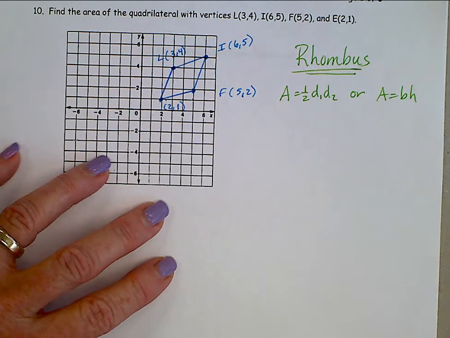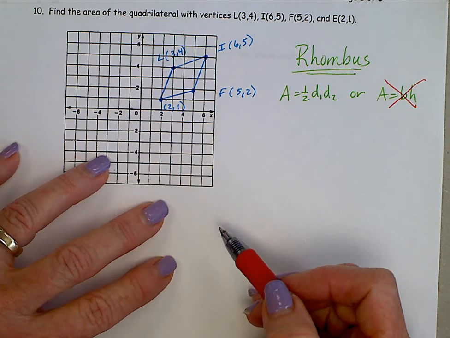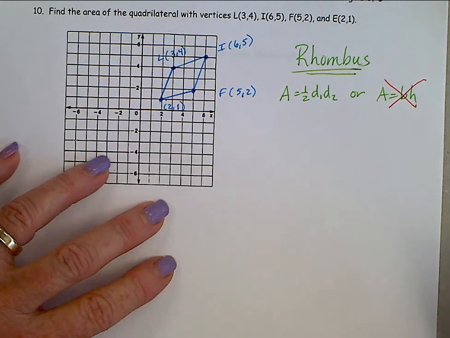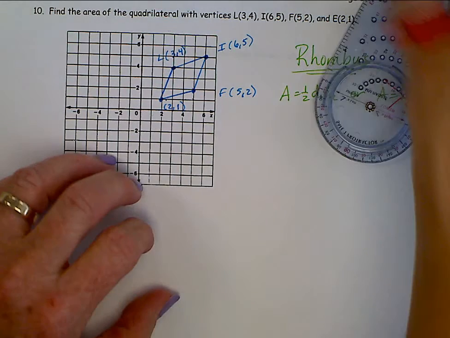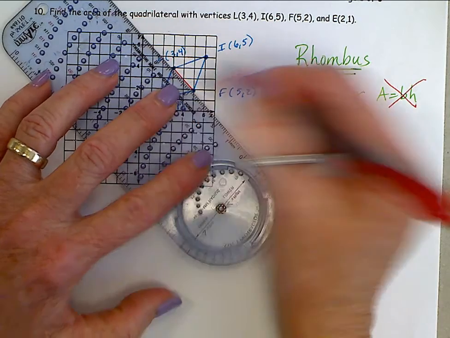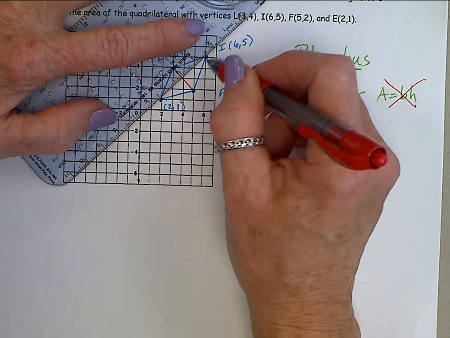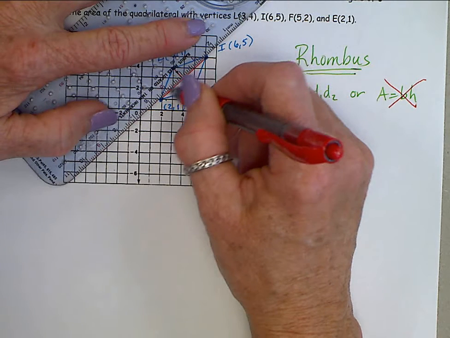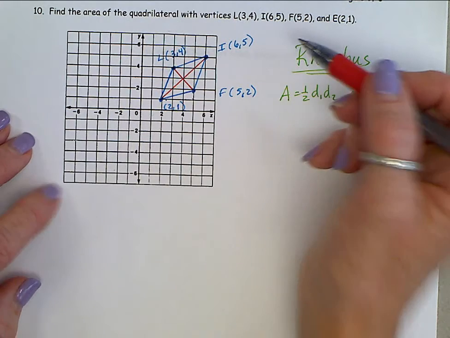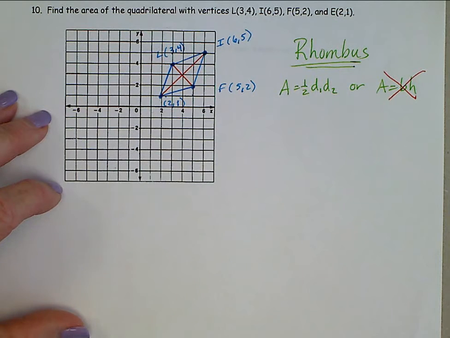So I think we should avoid this one and use the diagonal 1 times diagonal 2. Let's draw in those diagonals and see if we can see how long those are to begin with. Nope, that one's not running horizontally or vertically. That one's not running horizontally or vertically. So in order to find those diagonals, we are going to have to use the distance formula.